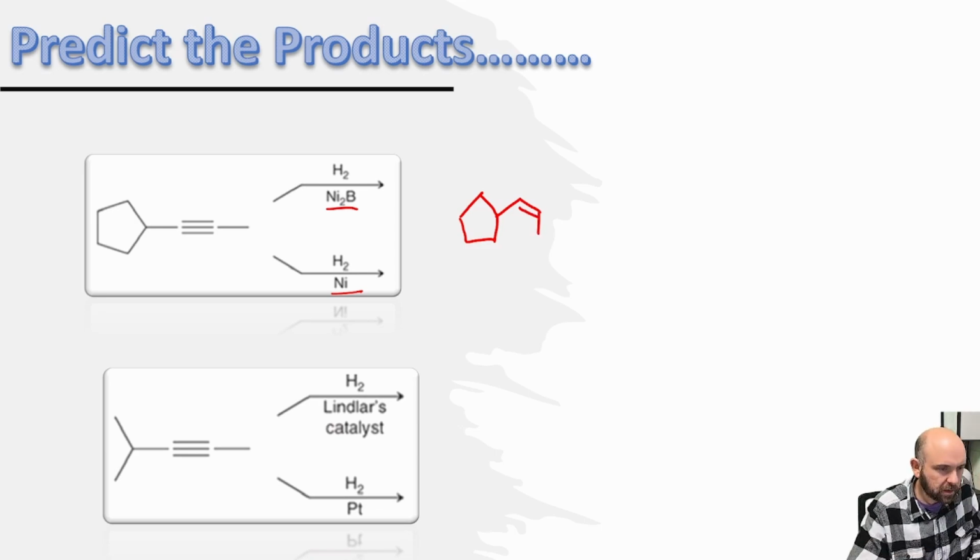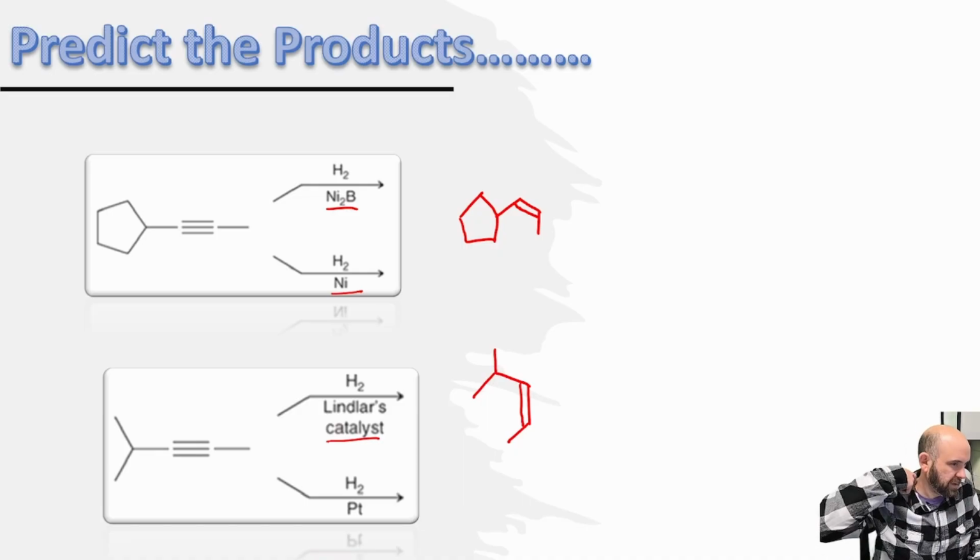And when we have alkene products from a poison catalyst, that is going to be a cis alkene product, not a trans alkene product. The third example down here also says Lindlar's catalyst, which will also stop at the alkene designation. It will also be a cis alkene, so that would be the product of that reaction.